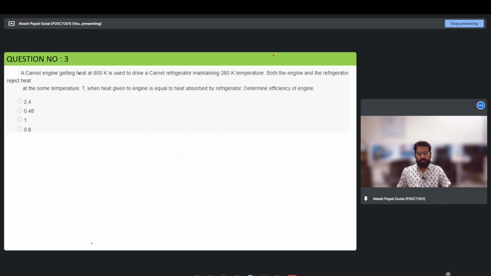So please try to solve this problem. Take 2-3 minutes to analyze and solve the problem.